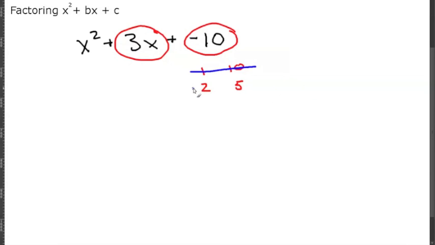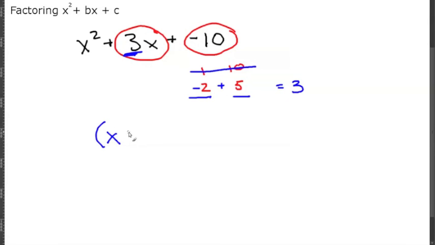If we had a -2 and a +5 and added those together, we would get a +3. And that's what we're looking for. So our two numbers are going to be -2 for m and 5 for n.